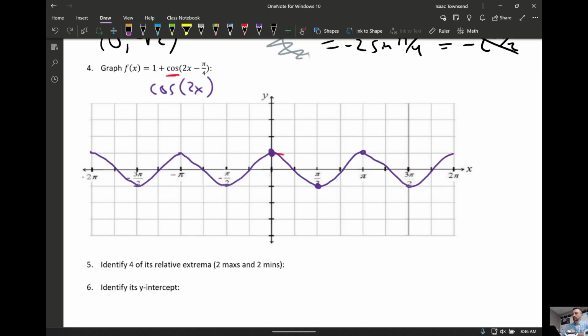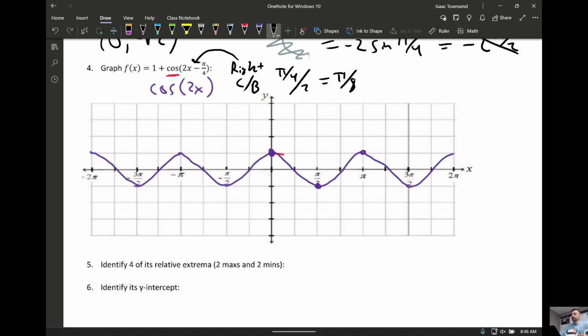Okay, I'm going to get the parent function out of the way because that was really just to help me with that. At some point, I'm going to have to deal with this minus pi over 4. I know since it says minus, that has to be to the right. And that's a bad mistake to make if you go the wrong direction. Right? But how much is not pi over 4? It's c over b. So in this question, pi over 4 divided by 2, which is pi over 8.